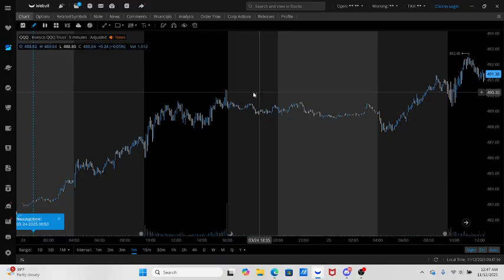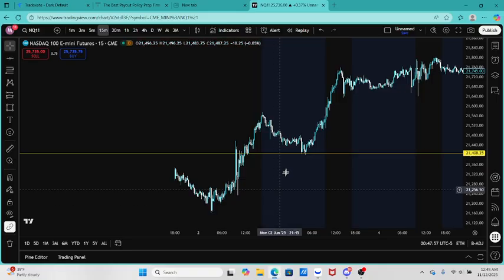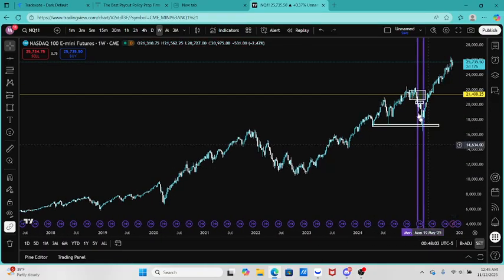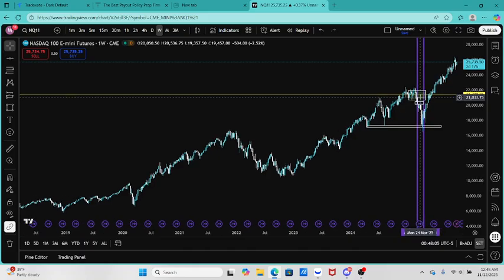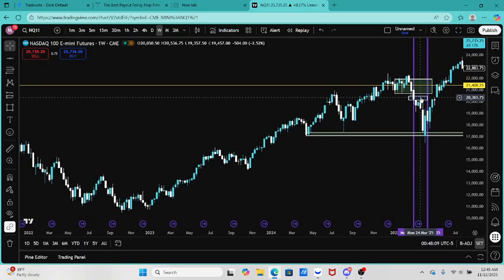Where is the 24th? Let me make sure that's actually 2024 or 2025 and not 2024. Okay, yes. Let me try it on TradingView again.